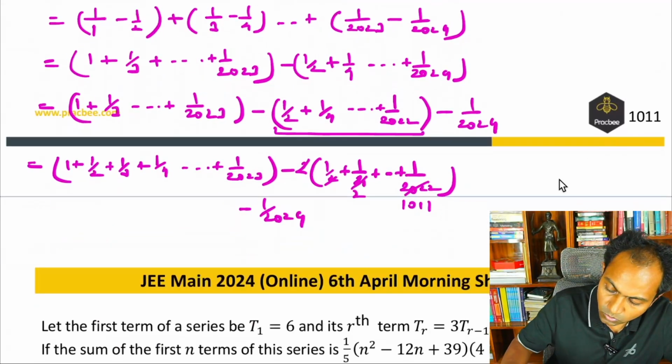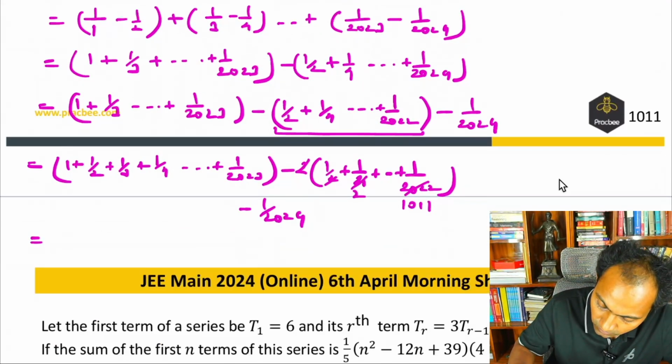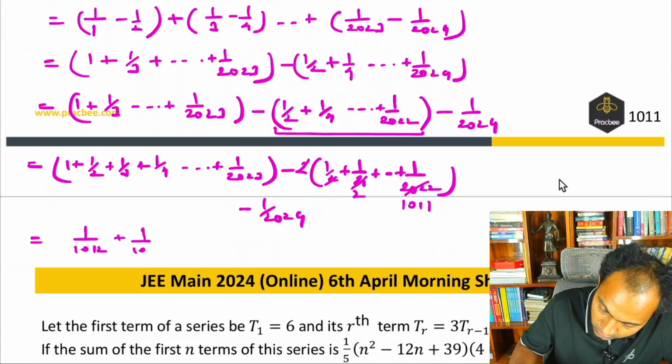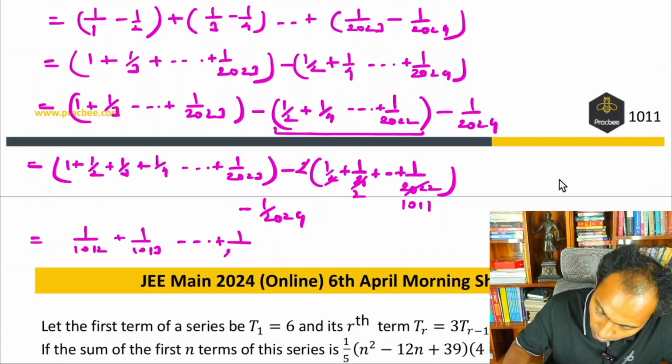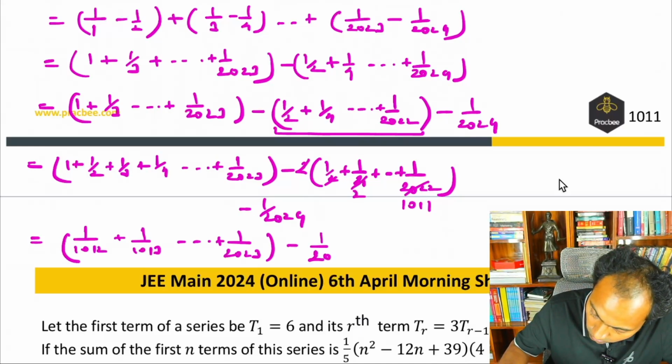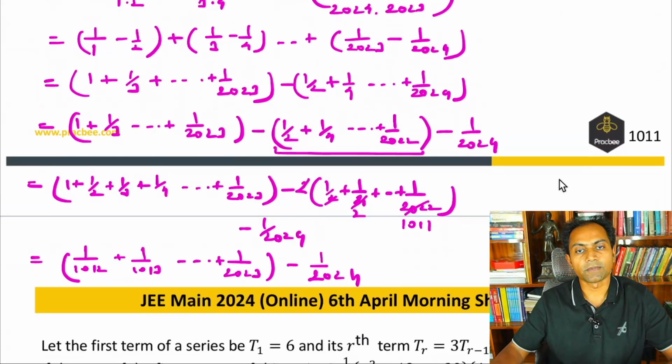And now first 1011 terms will get cancelled out, and what we are left with is nothing but 1 by 1012 plus 1 upon 1013 till you can see that 2023 minus 1 by 2024. We have got the second part of the series.